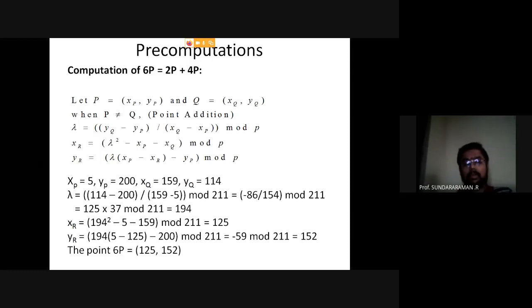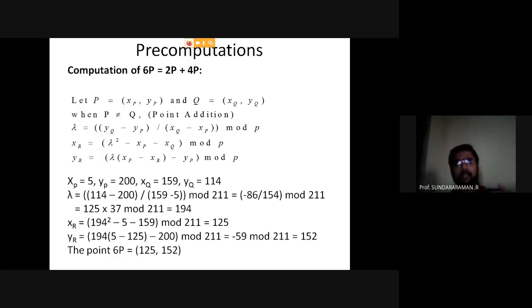So the lambda value arrives at 194. Only the lambda equation is different for point addition and point doubling; the XR and YR equations are the same. So XR value is 125 and YR is 152. Therefore the point 6P is 125 comma 152.